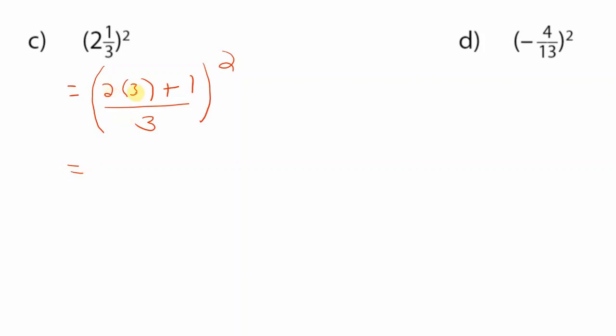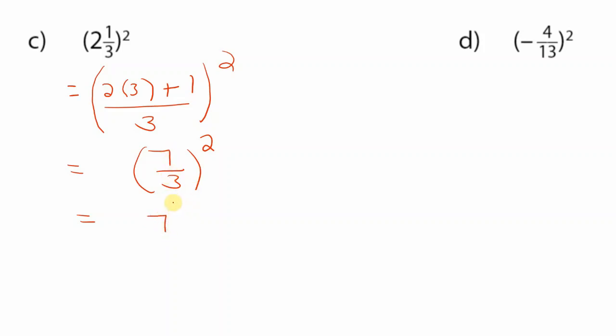So 2 times 3 is 6. 6 plus 1 is 7. So we have 7 over 3. And we can square that now. So now we know if we have a fraction inside brackets that needs to be squared, we can have the divorce or separate the top from the bottom, or the numerator from the denominator, and square each one separately.